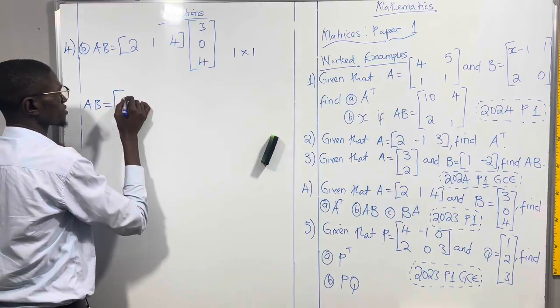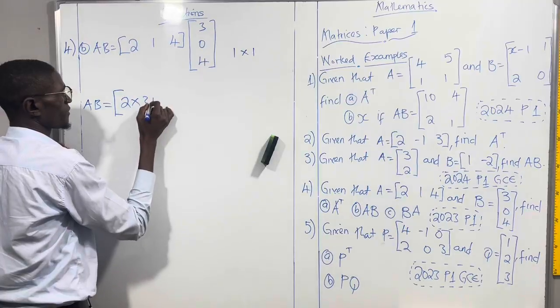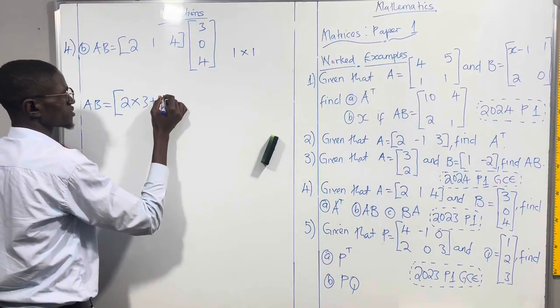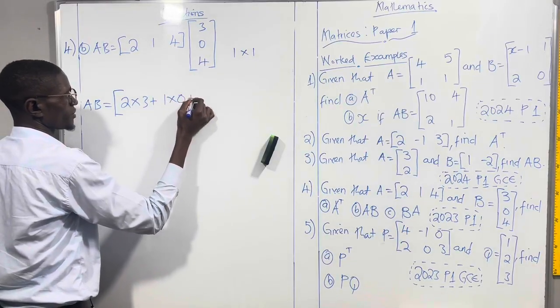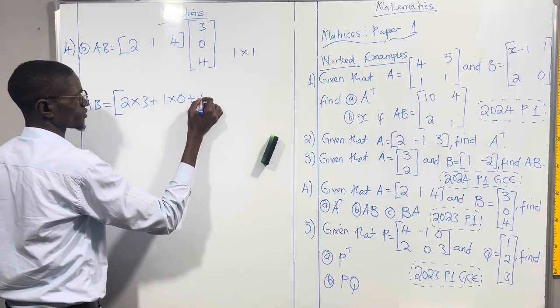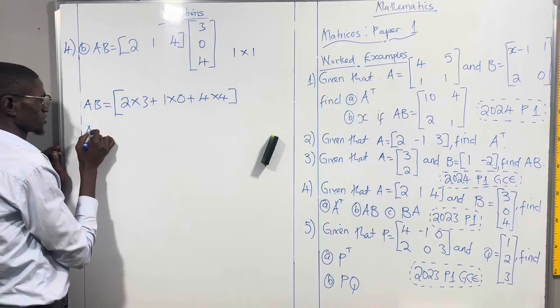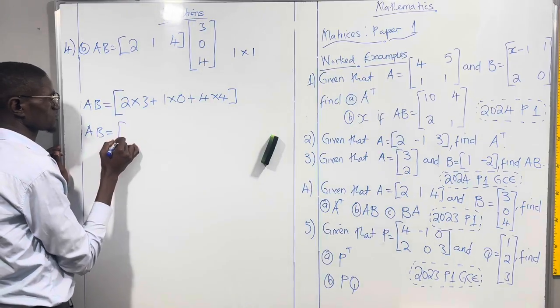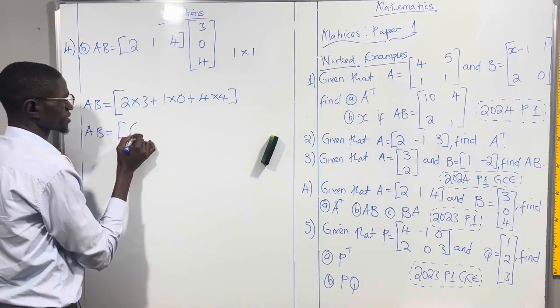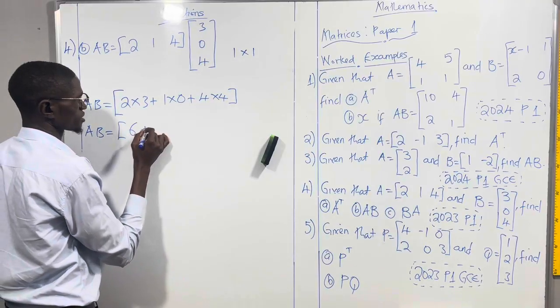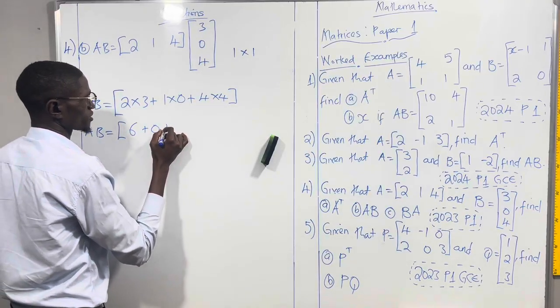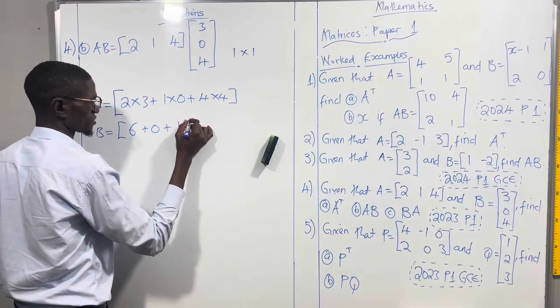So we know we're supposed to find the 1 by 1, so we're just going to do that. So 2 times 3, write it down, plus 1 times 0 plus 4 times 4. Continue solving. So AB is going to be equal to 2 times 3 there gives us 6. 1 times 0 is 0. Okay, 4 times 4 there is 16.